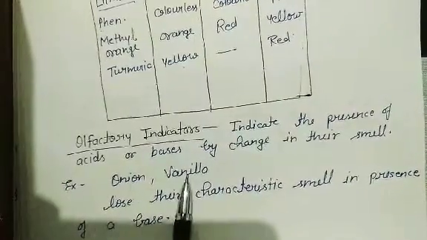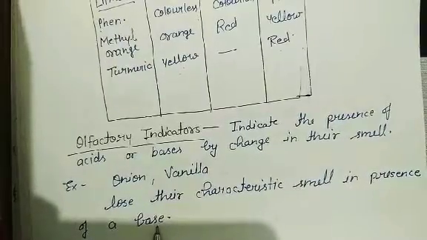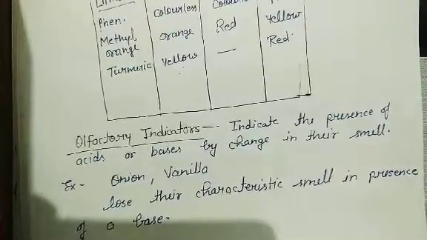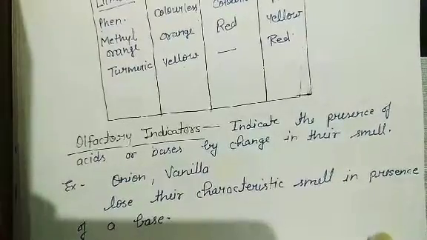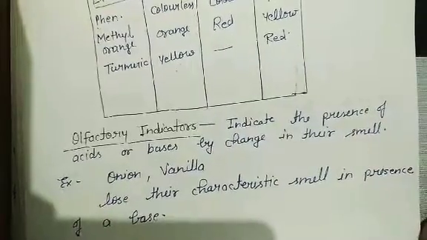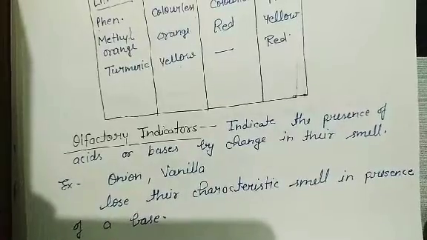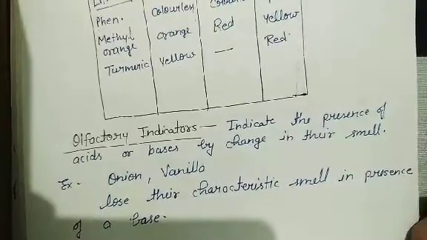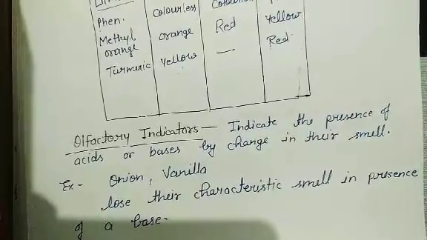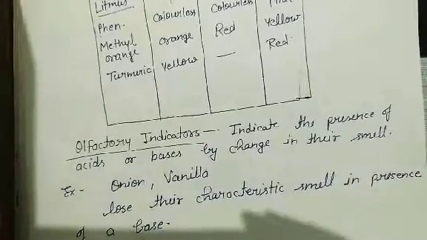Onion and vanilla both lose their characteristic smell in the presence of an alkali or a base. If you put a base on vanilla extract, or on chopped onions, they will lose their characteristic odor. But in the presence of acid or a neutral substance, there is no change in their smell. So that's how the olfactory indicators work.